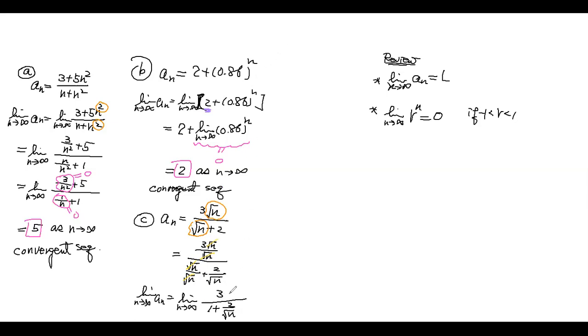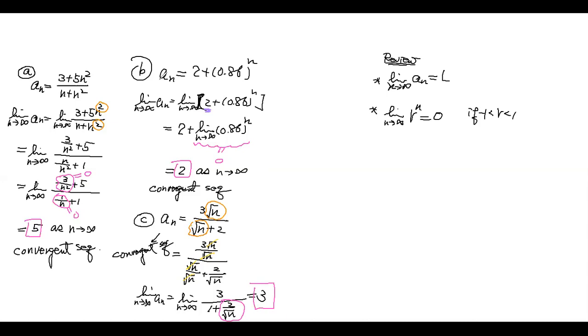When n approaches infinity, the denominator gets bigger and bigger, so this term goes to zero. So this number approaches 3. So this one is also a convergent sequence, and it is converging to 3.